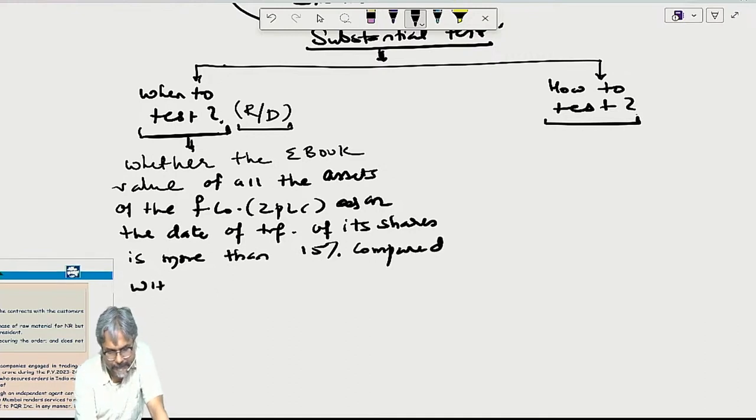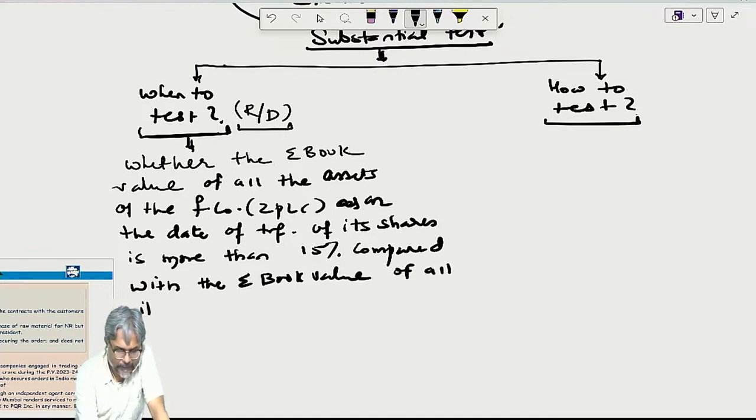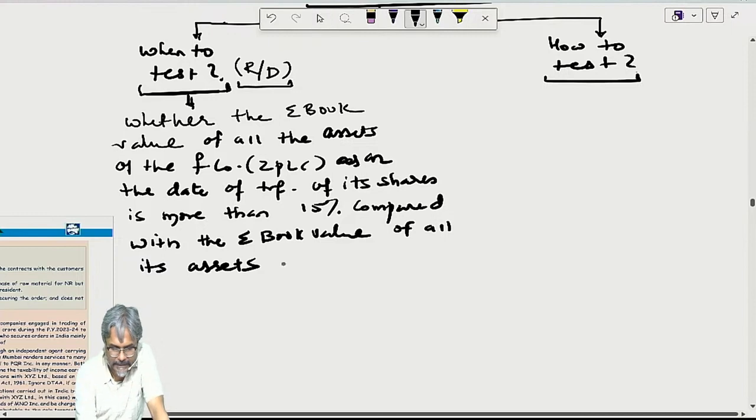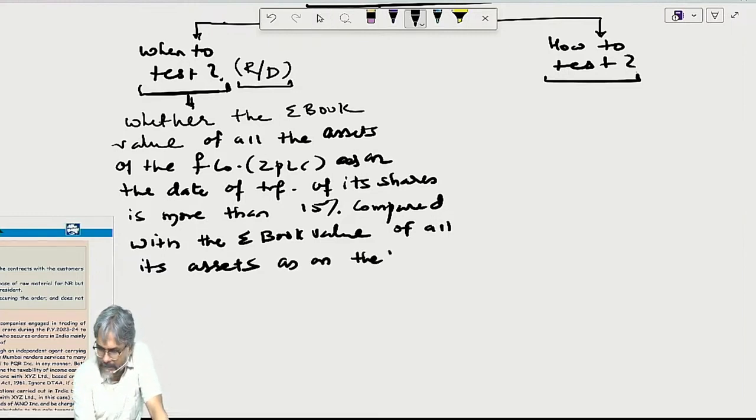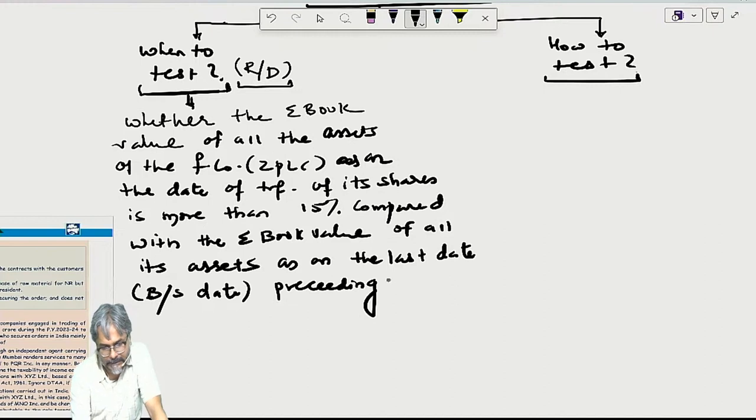compared with the aggregate book value of all its assets as on the last date, I can say balance sheet date, preceding the date of its transfer.